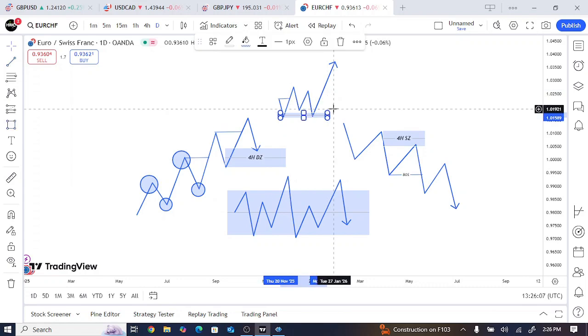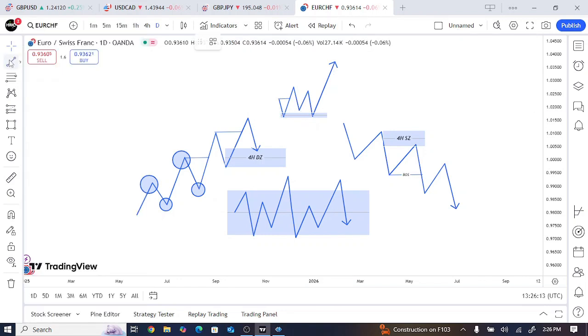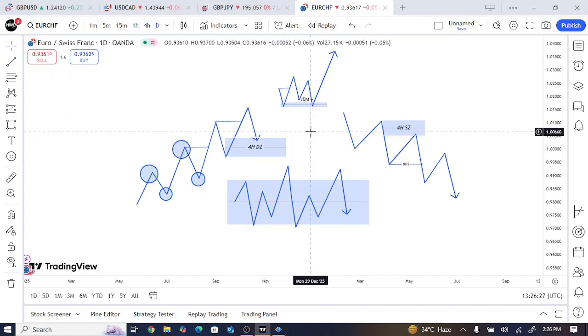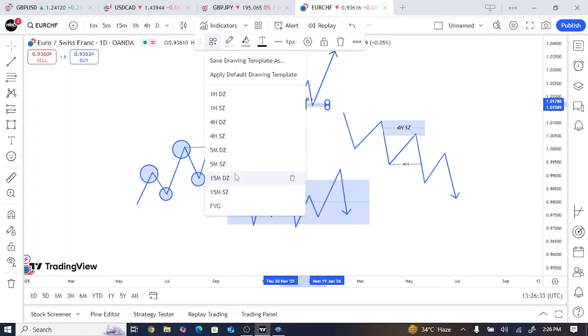While this place can be called a liquidity grab or an inducement zone, this place is where markets really trap people. An inducement zone. While this one will be my 15-minute order block, my 15-minute demand zone.